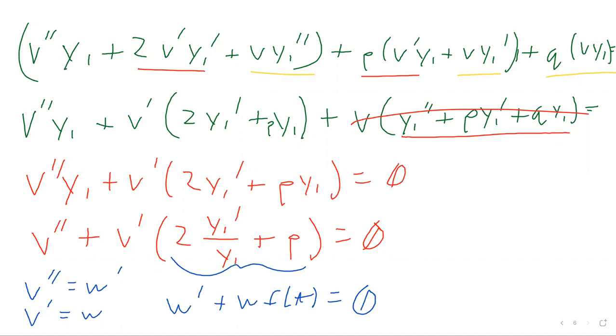Now, of course, our next step, as we've seen before, is once we find w, we would have to integrate it again to find our v, because that's v prime, and then we can use that v to find our y2. So it is a bit of an involved process, and you have to go through several steps of it. But it's not actually a hard process, and things simplify very nicely along the way. So let's try an example.